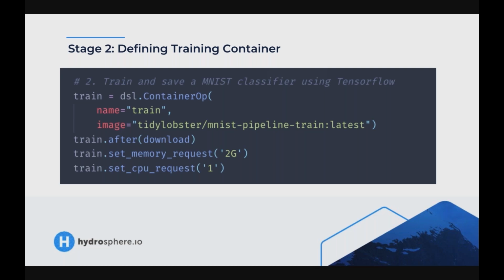And the second stage, here we create a training operation container and additionally set a requirement for memory usage and CPU cores. With a Kubernetes cluster, you don't know exactly when your cluster will have enough resources for your pipeline to be executed.